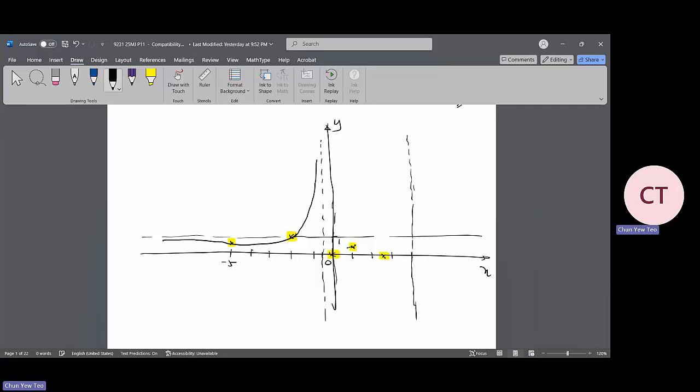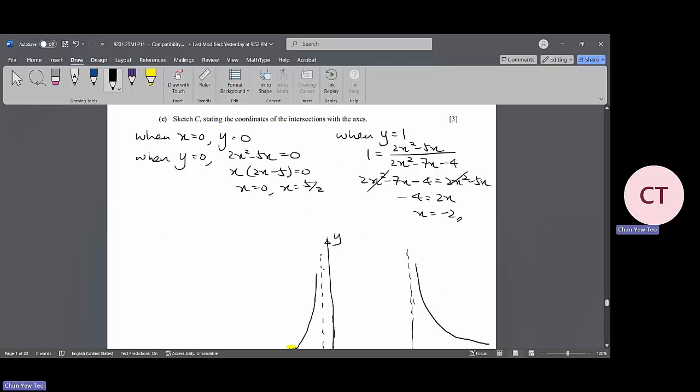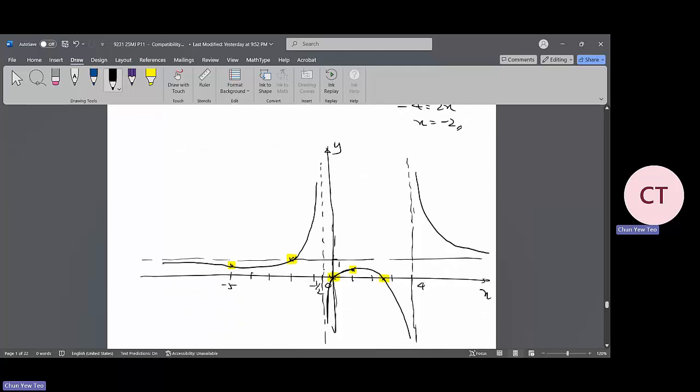And this graph will be like this. And the last part of the graph will be like this. Okay, so since I draw freehand, the graph may not be very nice. This one is 4. This one is negative 1. Okay, done. This will be the answer for part C.